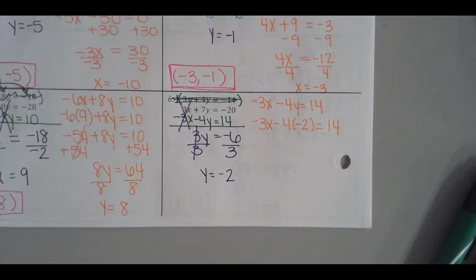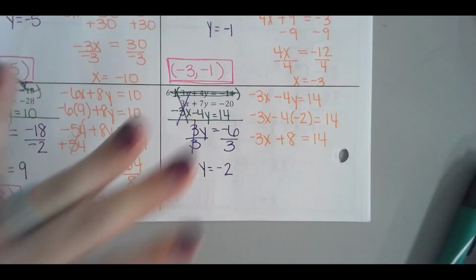Negative 3x, and I have two. What is that, Kylie? Yep. So negative 3x plus 8, because negative two.